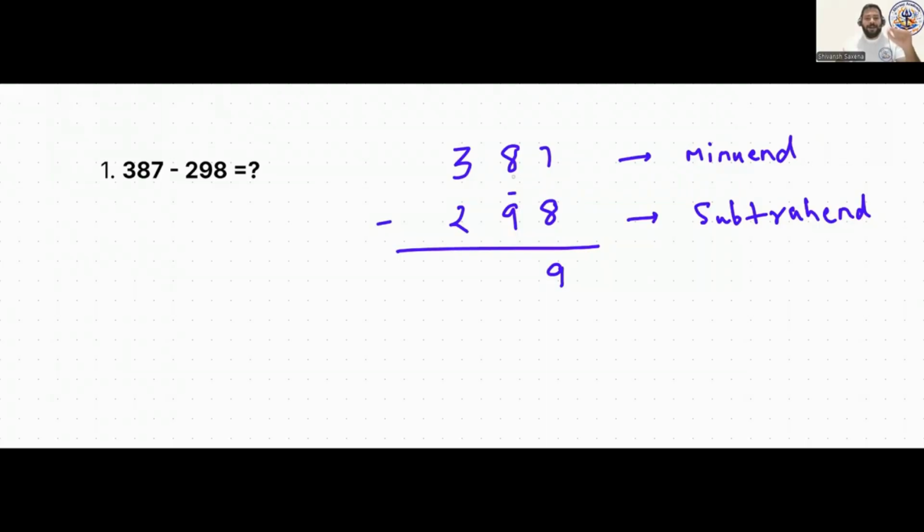Now, complement of 10 is 0. So adding 0 with 8 makes it 8. Again, adding a bar at 2 makes it 3, and now the digit in the minuend and the digit in the subtrahend are the same. So I can directly subtract 3 take away 3. This makes it 0. So our final answer is 89.